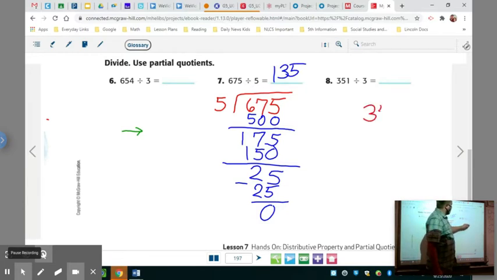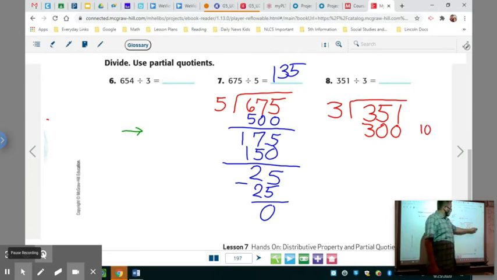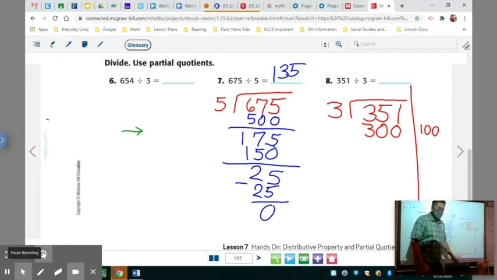All right. 351 divided by 3. Will 3 go into 3? Yes. So we're going to round that to 300. How many times will 3 go into 300? 100 times. You're going to put 100 over here. Remember we got this line right here? Subtract that. What are you going to get? 151.